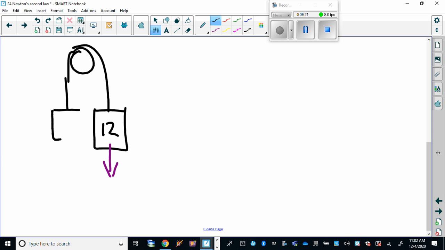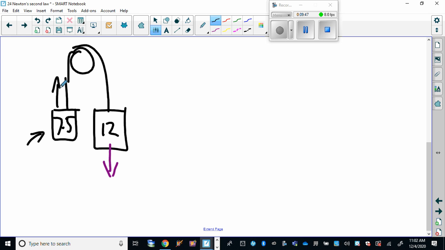Well, it's going to make this one accelerate at a value less than 9.81. They kind of counterbalance one another. If this one over here was 12, what would the acceleration be? 0. It would be in equilibrium. But since it's less than 12, this one's going to go up, this one's going to go down, but it's not going to go down at 9.81 meters per second squared.